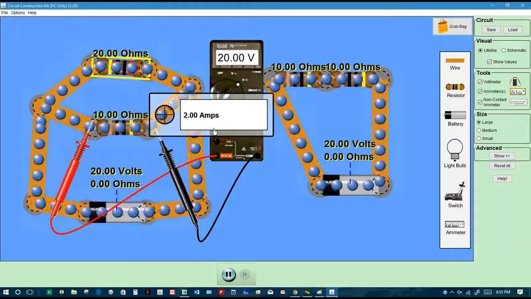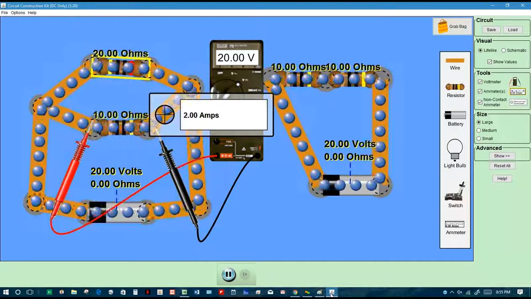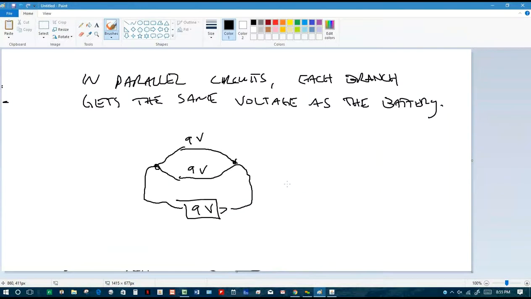See that? And so if I went back over here to my drawing and changed this to show what I was just showing you, which I don't know why I picked the number 9, let's pick the number 20.